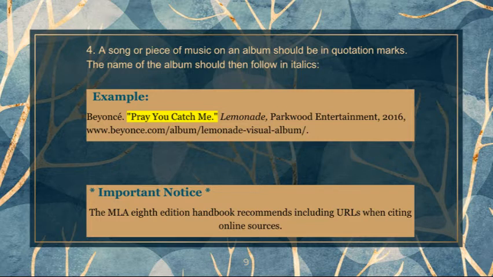And you can see below the example of one of my favorite artists, Beyonce. So we have her song titled Pray You Catch Me, posted in italics. It's also important to note that every element of your citation is generally followed by a period, which you can see with that example of that song.